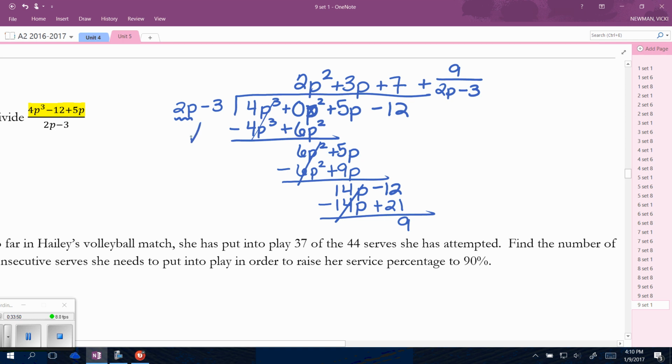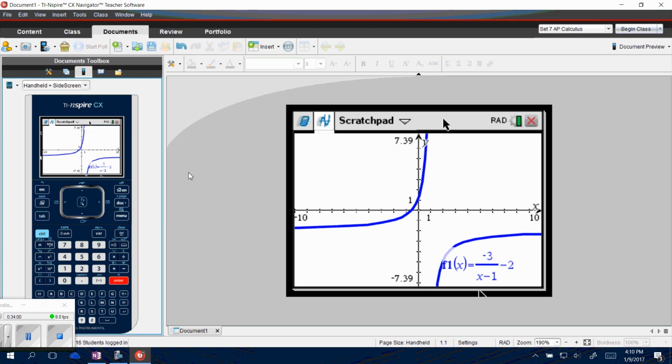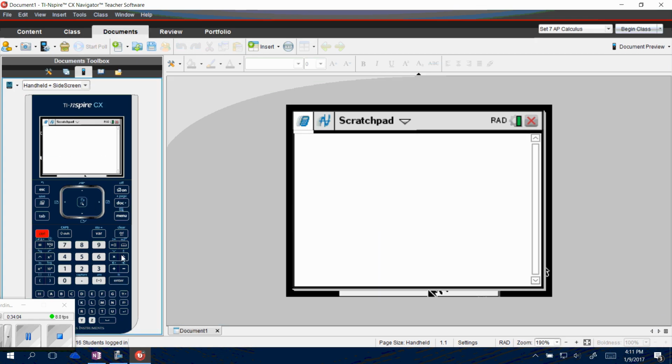The root would be 3/2. Go to your calculator, store 3/2 for p, and then type it in.